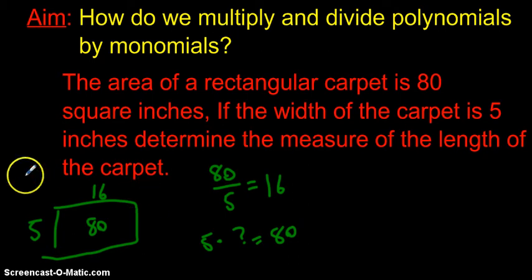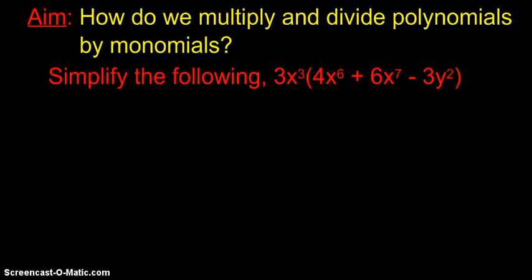So let's take a look at some more standard problems. Simplify the following. 3x to the third times 4x to the 6th plus 6x to the 7th minus 3y to the 2nd. So it's just using the distributive property.